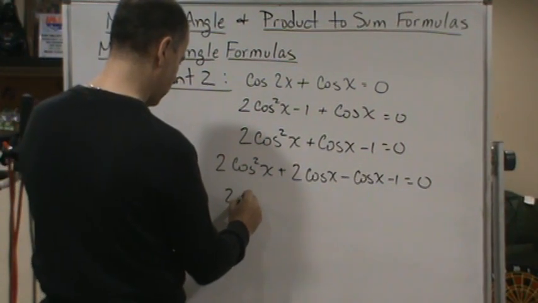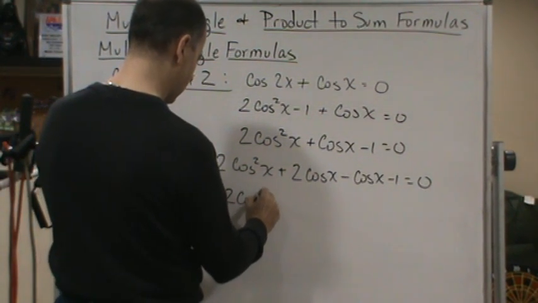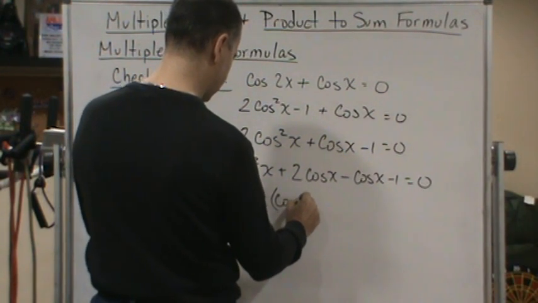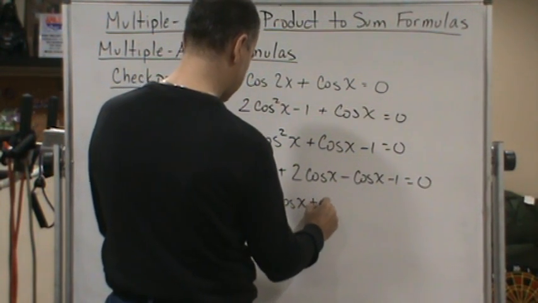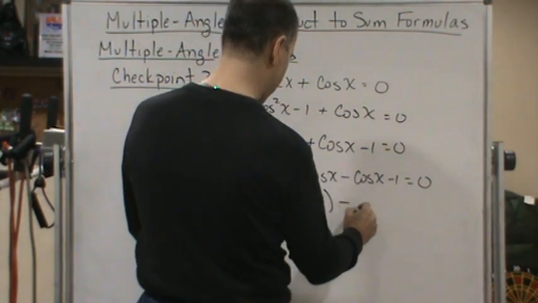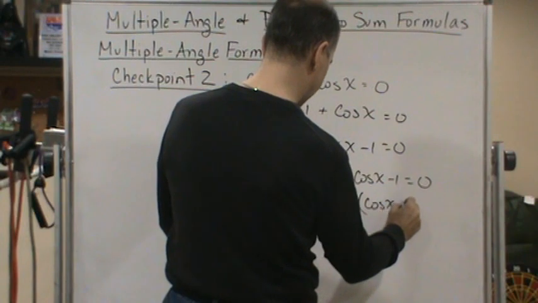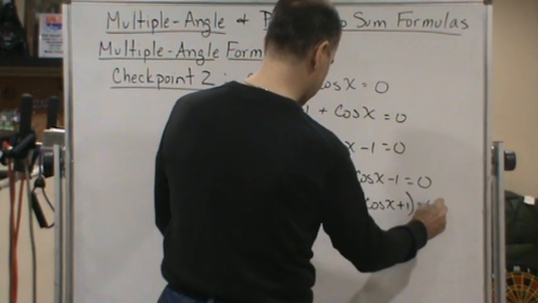So then this is going to be 2 cosine x times the quantity cosine x plus 1 minus the quantity cosine x plus 1 is equal to 0.